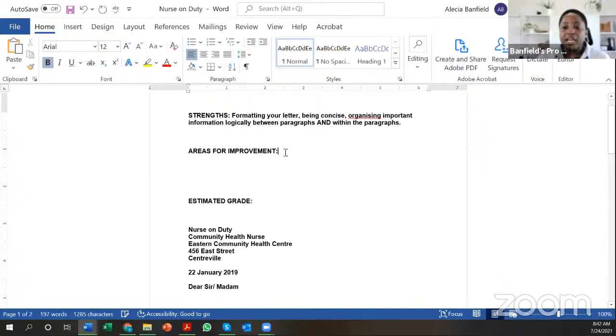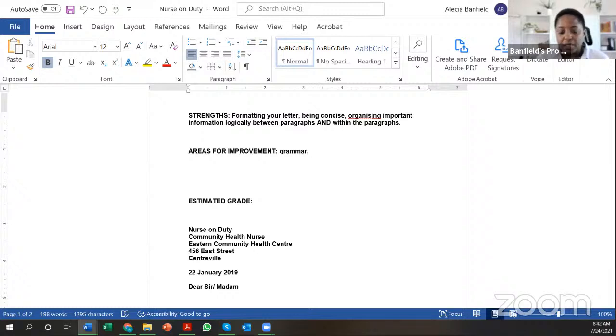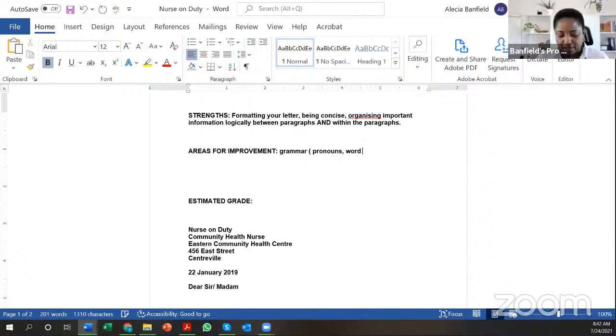Okay. So areas for improvement, which we will focus most of our corrections on today, is grammar. I'll be explaining a lot of grammar, because your grammar, I notice, is mostly, for example, your pronouns, as well as what we call word families.